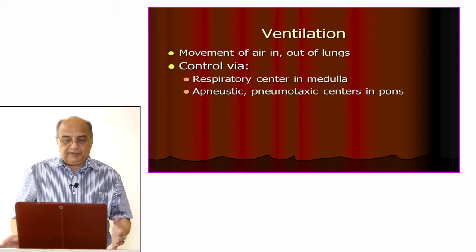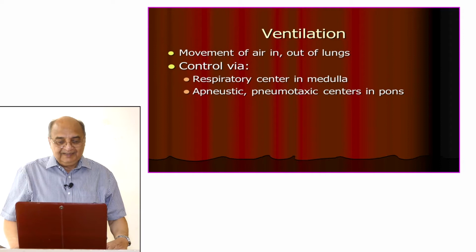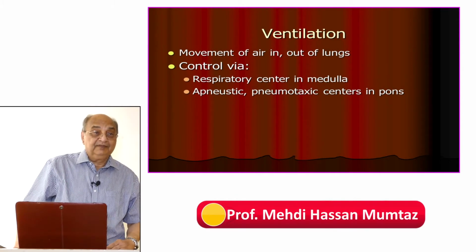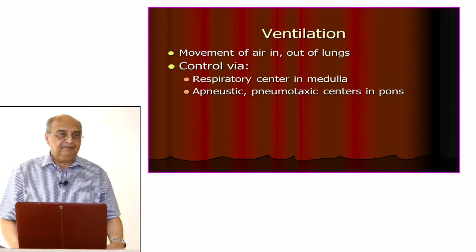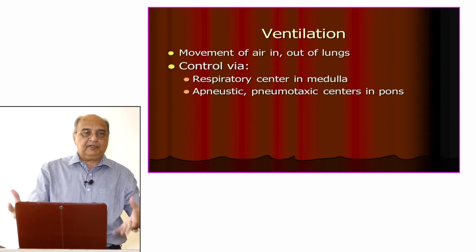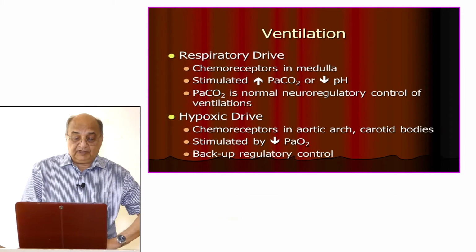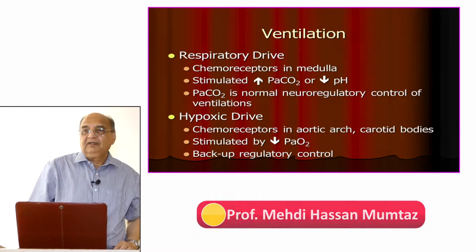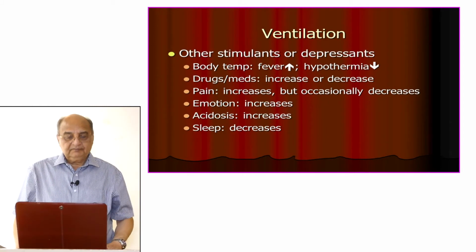Now this respiration, the gas going into the lung, is normally controlled by the center in the medulla. Then the pneumotaxic and apneustic centers are also in the pons. They control it. It's a separate topic in itself. Now there are respiratory drives also, chemoreceptors in the medulla, which are affected by body temperature.